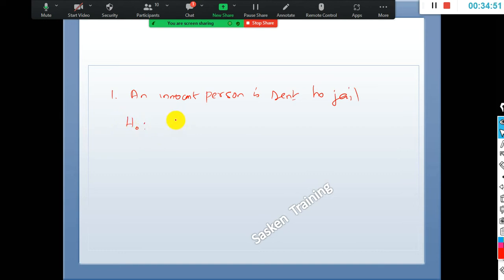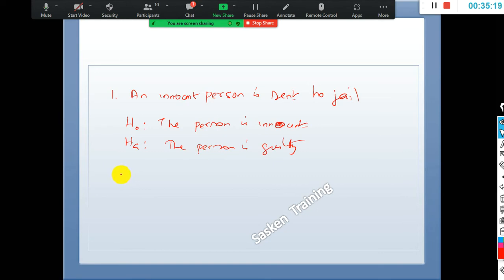This is the null hypothesis: the person is innocent. We are assuming that the person is innocent, because this is the statement, right? The innocent person has been sent to jail. What is the alternative? It is the opposite: the person is culprit or guilty. This is how you need to write the null hypothesis.